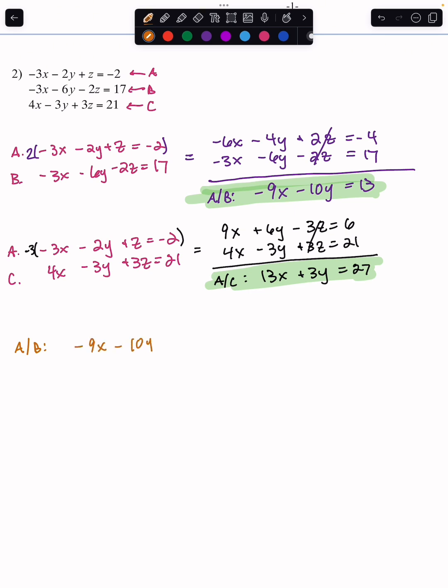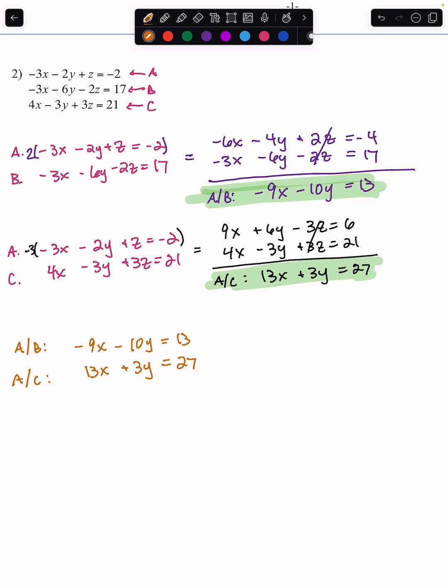Then my AC combination is going to be 13x plus 3y equals 27. And for me, canceling out the y's is going to be the easiest because they're already opposite signs, and I already know that number is going to be 30.